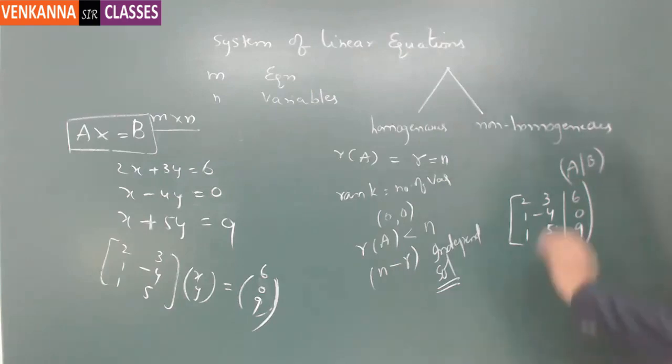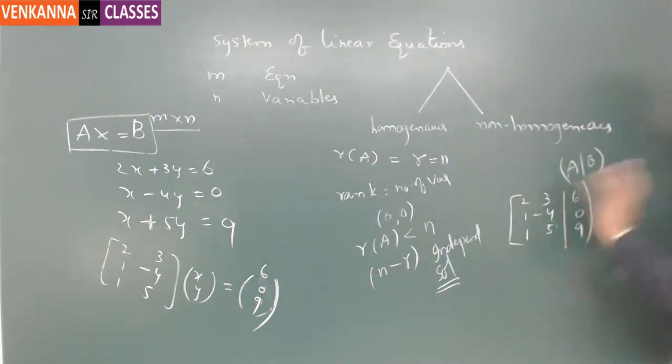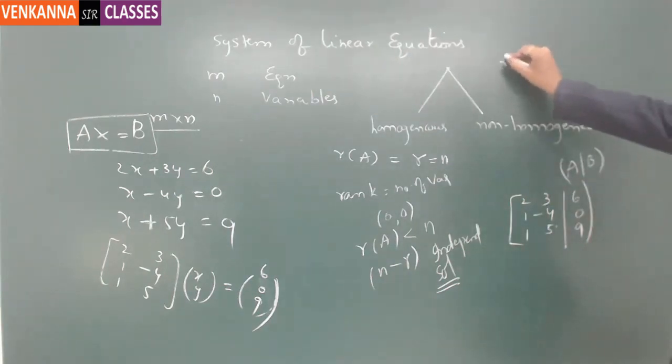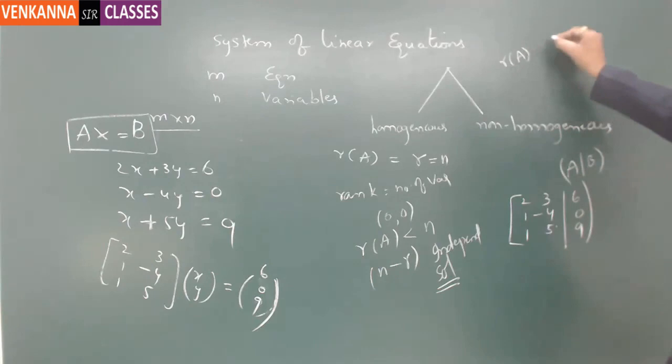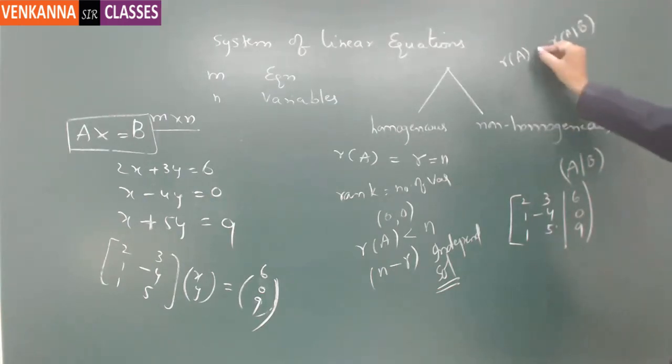So if you consider only this part, this is A. If you consider the entire part, it is A by B, the augmented matrix. So we consider rank of A and also rank of A by B. Whenever these two values are equal, rank of A and rank of A by B, then only the system will possess a solution, and we say that the given system is consistent.